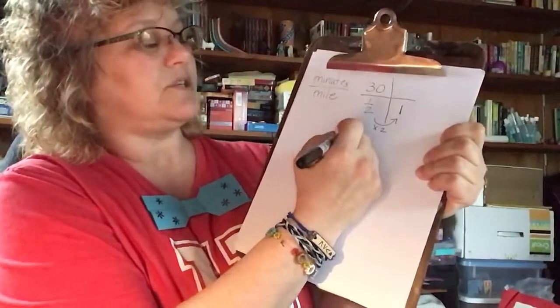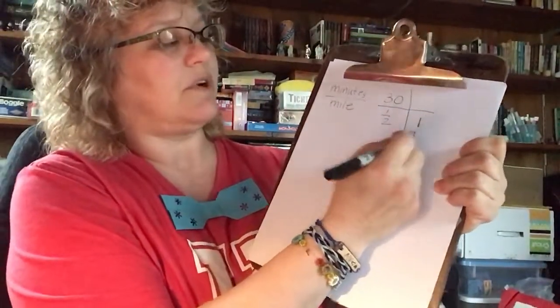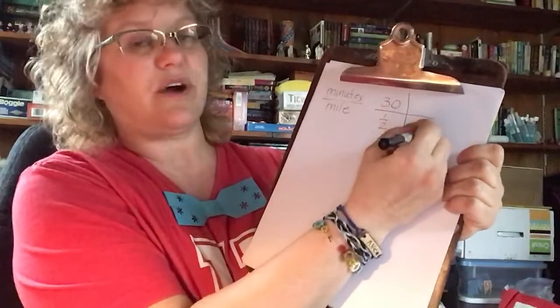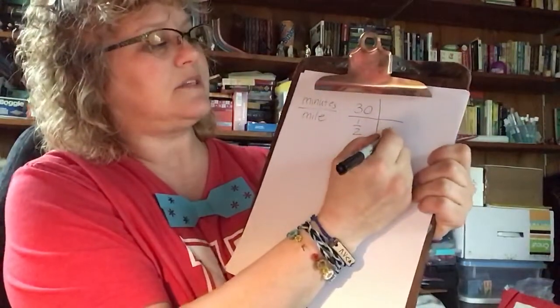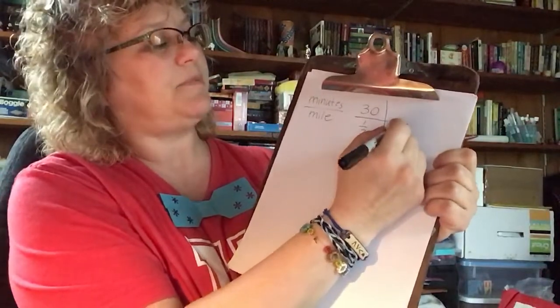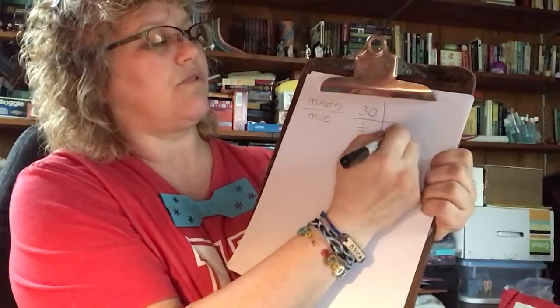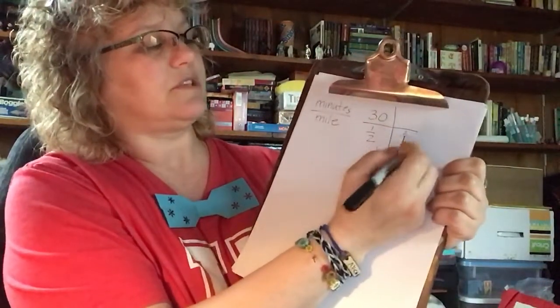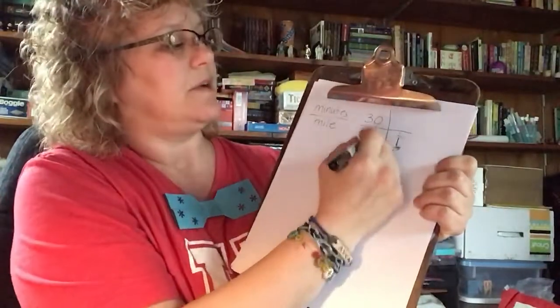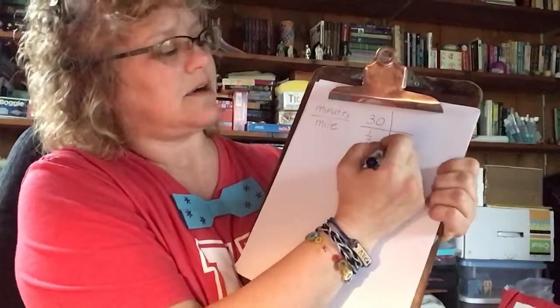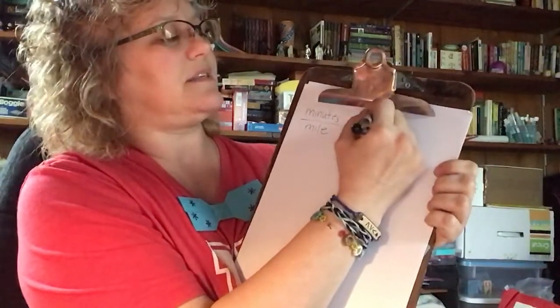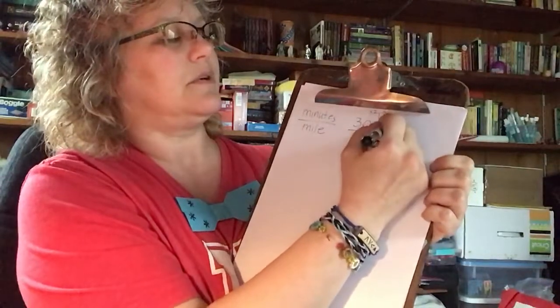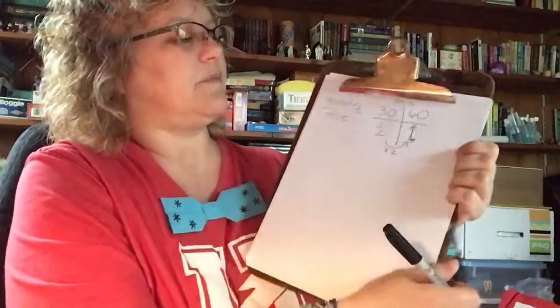I'm going to remind you that when we do multiplication, we go straight across, but when we do division of a fraction, we flip it. So this would be like saying 2 over 1, and then you get 2 over 2, or 1. So 1/2 multiplied by 2 equals 1, which means I need to multiply this side by 2 as well.